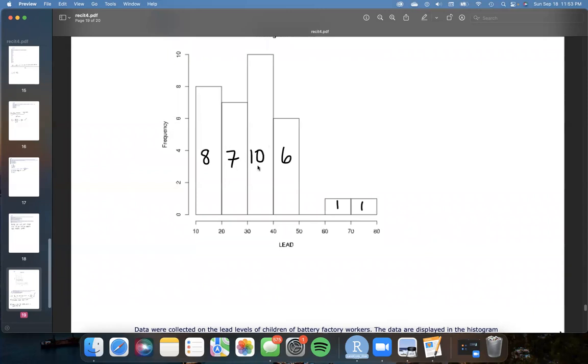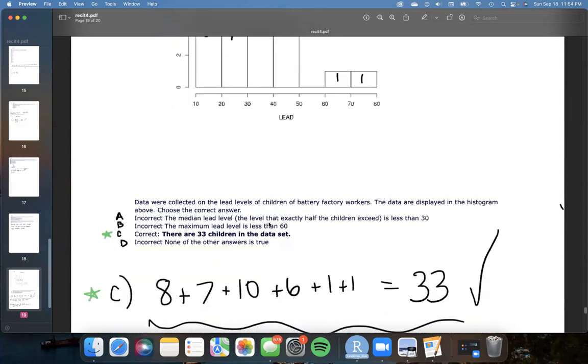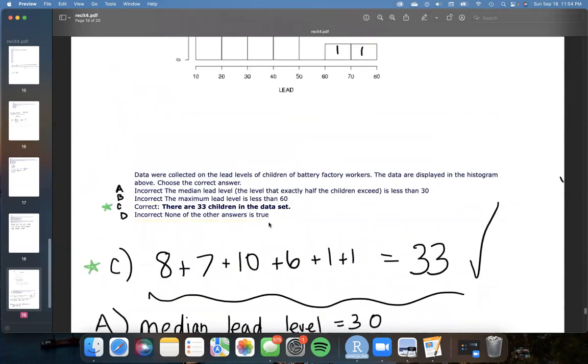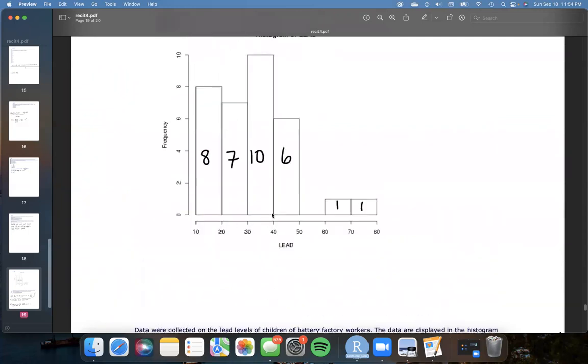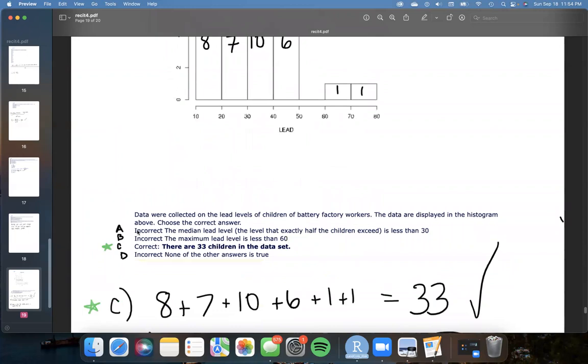Then if I cross off 7 from here and 7 from here, there would still be 3 in this 30 to 40 range. So our median lead level is somewhere between 30 and 40. It's definitely not less than 30, so I can cross off A as incorrect.